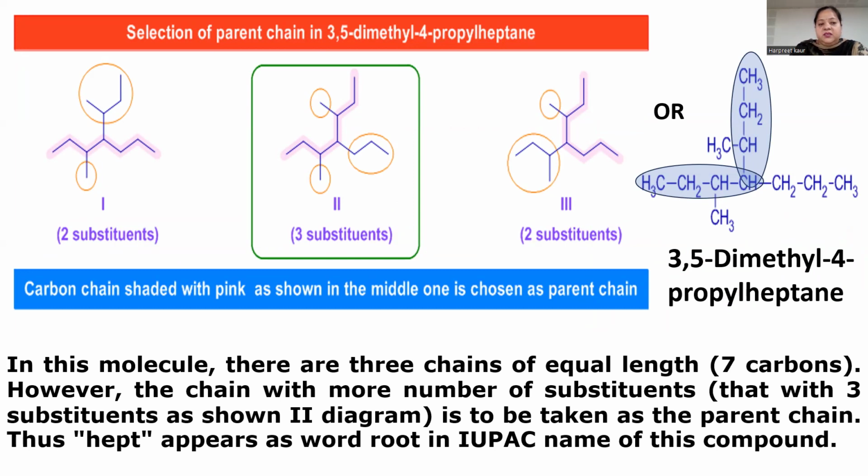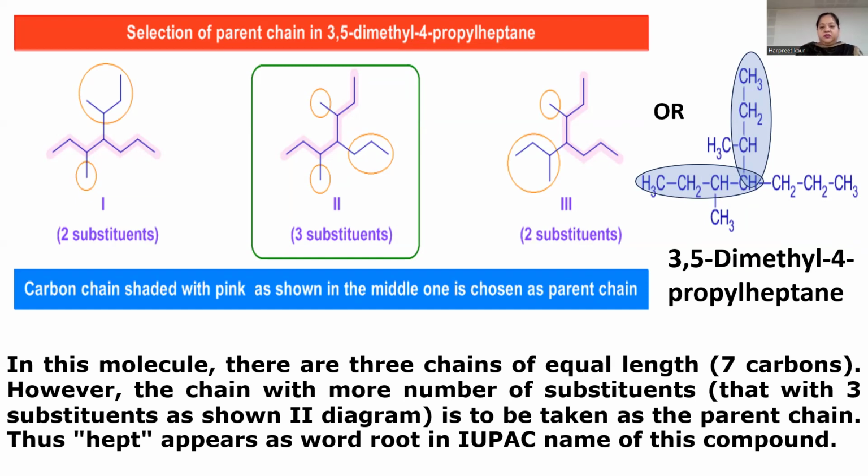If we see the same structure, in the second case, we have changed the selection of the parent chain. And in this case, 3 substituents are there. At the top on the left side, the substituent is with 1 carbon atom, that is methyl. In the middle on the right, it is propyl. And then towards the lower end, it is methyl.